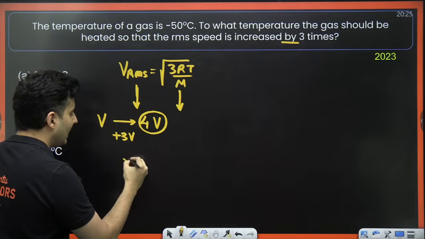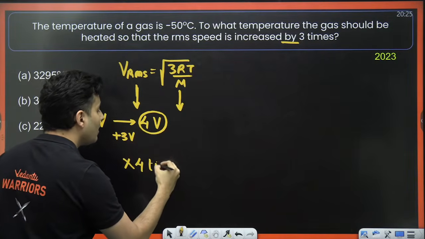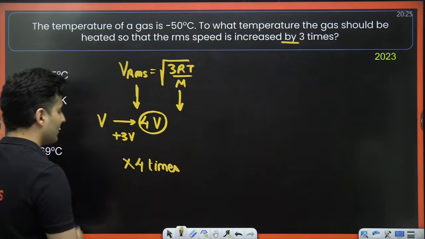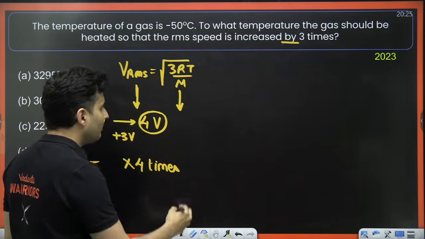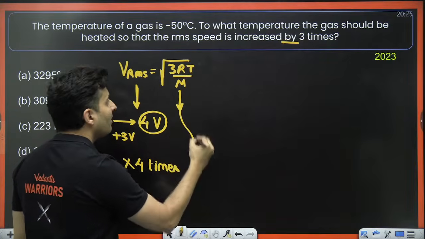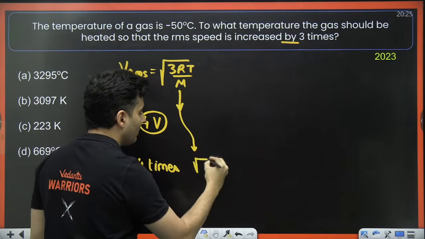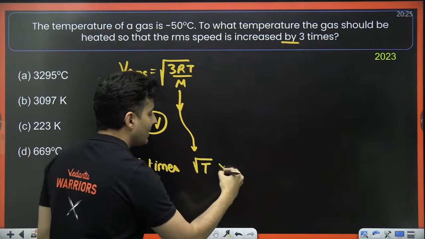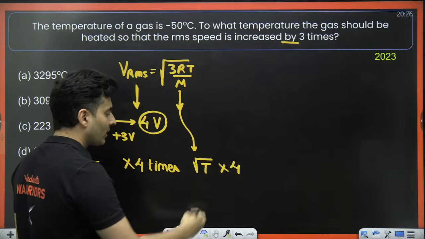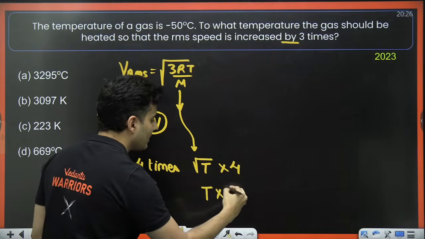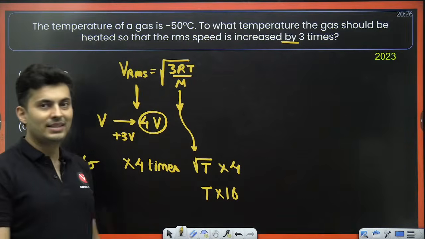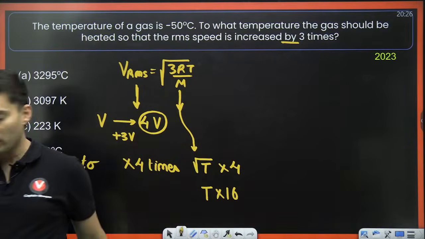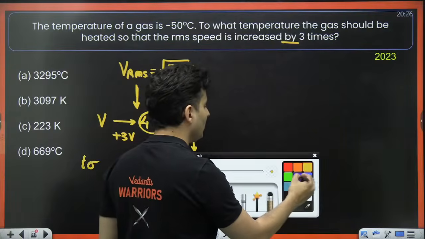So my speed has increased basically to 4 times. That means my root of temperature also has increased by 4 times. That means my temperature has increased by how many times? 16 times. Is that clear? Yes, that was the catch in this problem.